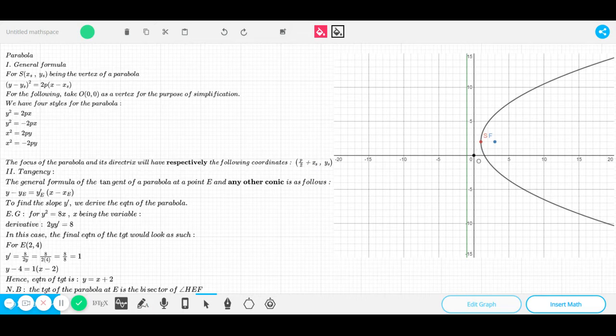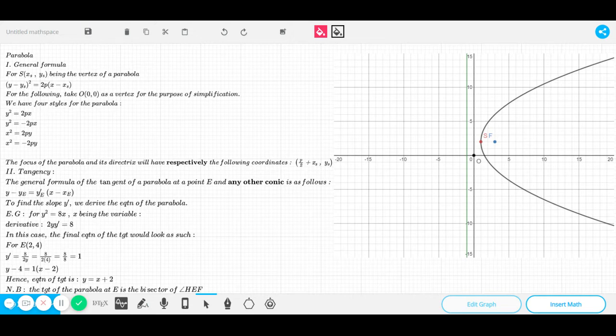So why exactly did I tell you that we cannot simply say that y squared in this case is equal to a constant times x? We said that we refer to that constant as 2p. Now, it doesn't have to be p, it could be 2z, 2w, but let us take it as 2p.